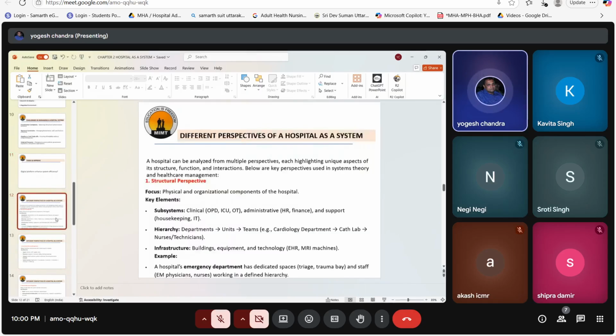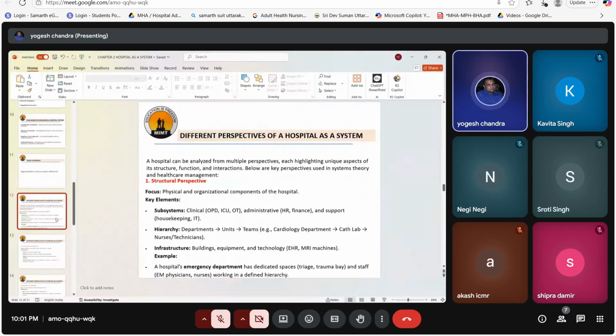Now we talk about the different perspectives of the hospital. There are various perspectives, so I will take them one by one, not going into great detail. A perspective means there are many kinds of components in a hospital. The first one is the structural perspective, where we talk about hospital structures: clinical OPD, administrative area, hierarchy, units, teams, cath lab, infrastructure, building.